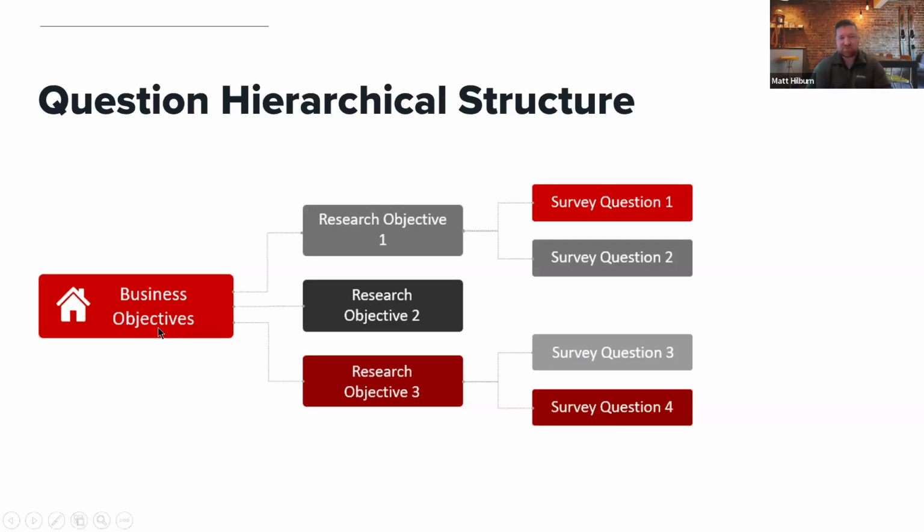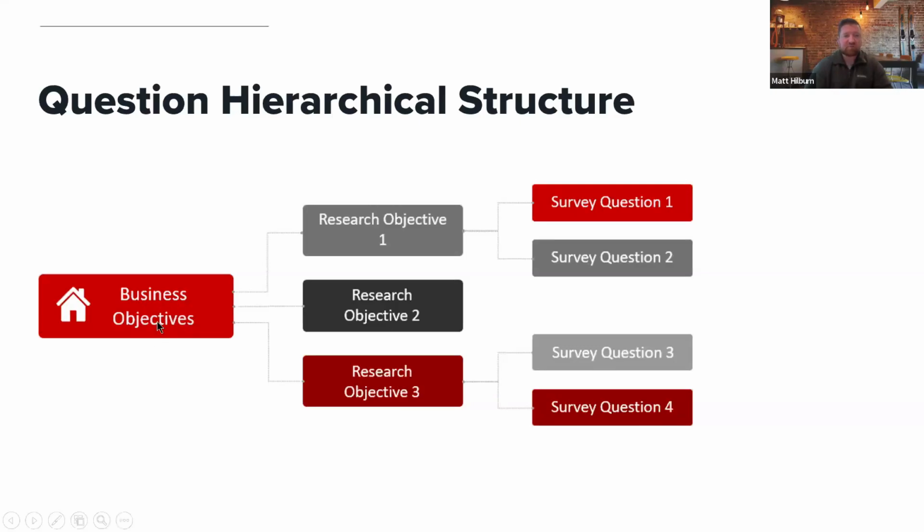Now, I've got business objectives here and I've got research objectives. The only reason I've got those separated is a business objective is usually an issue that a client or the business is facing, such as the objective might be, how do we attract Gen Z audiences? Well, the research objective might be something more like identifying what Gen Z audiences want, right?